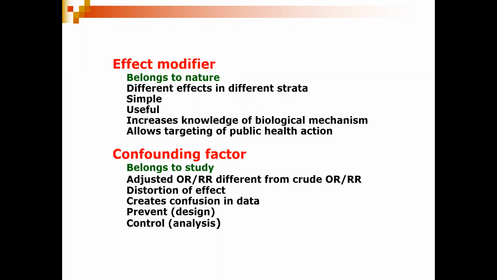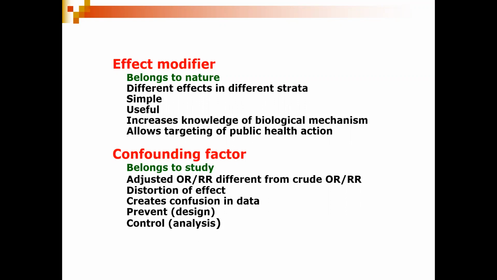I don't have anything coming to mind right now which we can use effect modification to control, but if you think around most of these public health issues, you should be able to find one which you can change and use. So it increases knowledge of the biological mechanism.